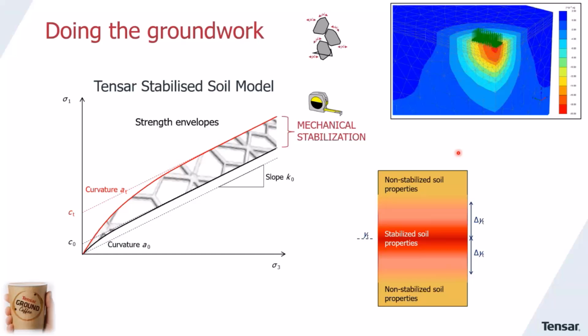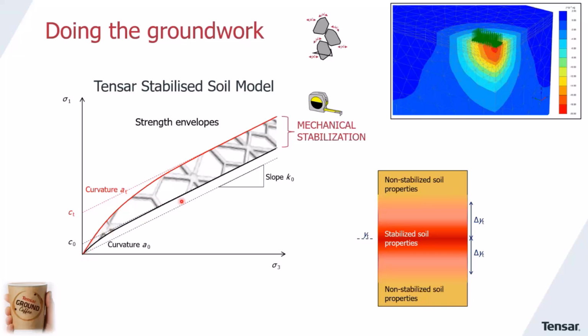Using all this knowledge and insights, we were able to devise a constitutive model, which we can then use in finite element modeling in Plaxis to make a lot of simulated working platforms. And the properties that we use in the modeling are an increased confinement.